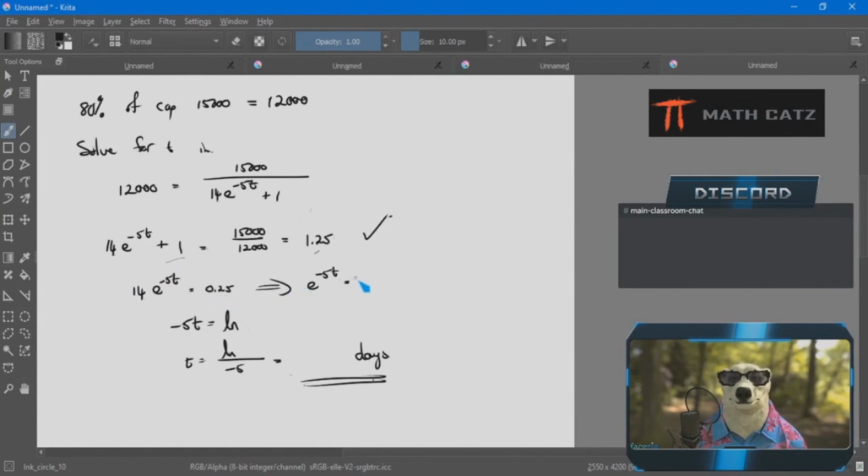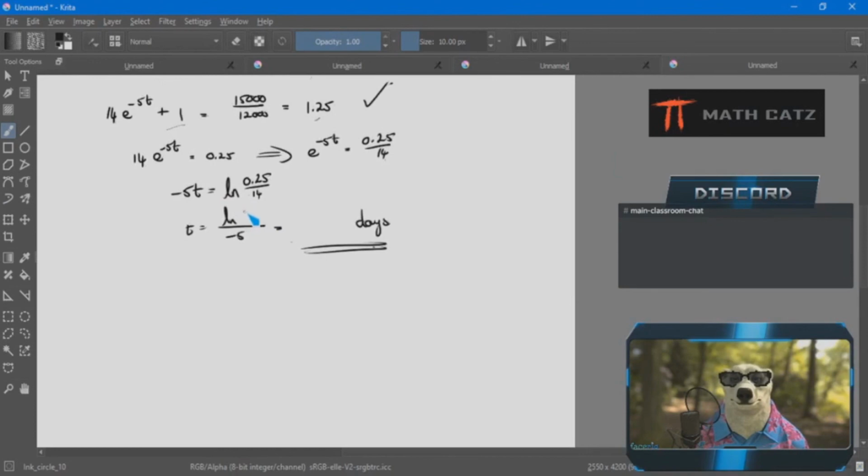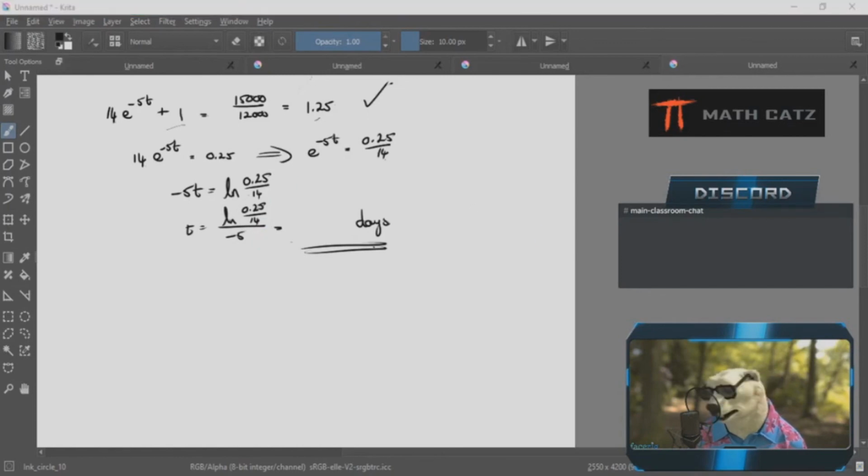And so e to the 5t is then 0.25 divided by 14. So the log version of this is negative 5t equal to the natural log of 0.25 over 14. And so we want to divide both sides by negative 5. And let's see what we get.